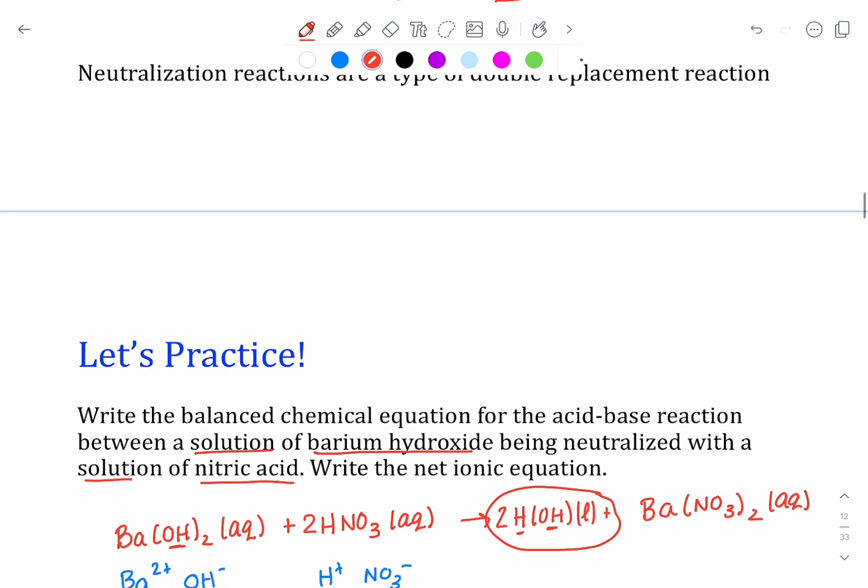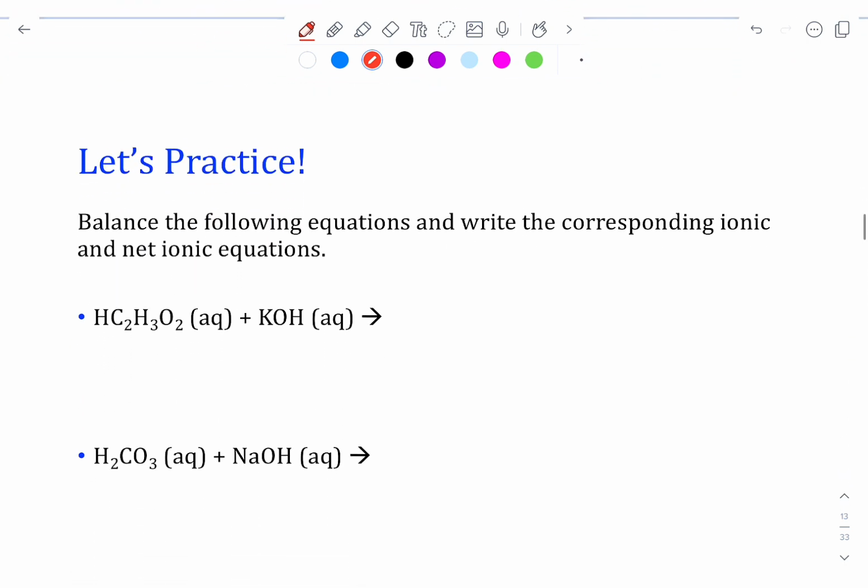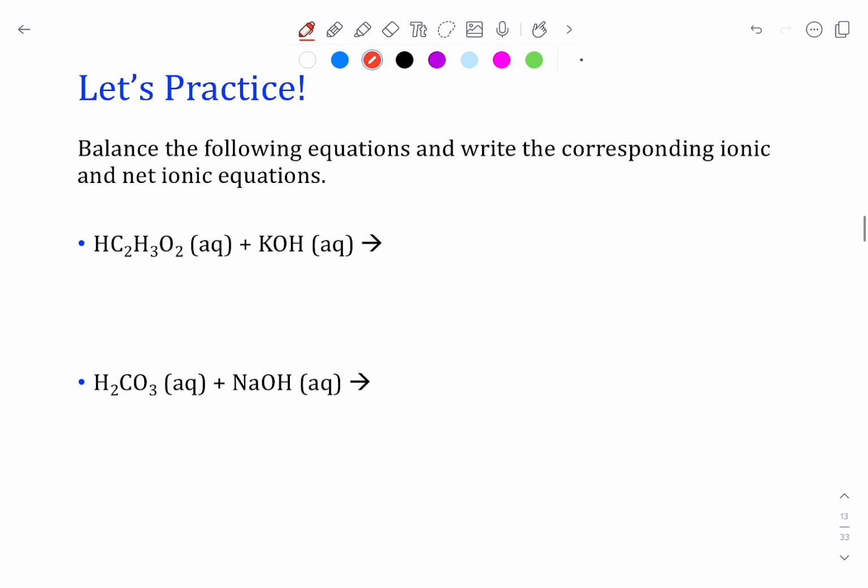So let's continue practicing with this. For the following equations, balance them and write the ionic and net ionic equations for both of them. We know what the outcome of this reaction is going to be. We know at least one product is always going to be H2O because we have an acid and a base.